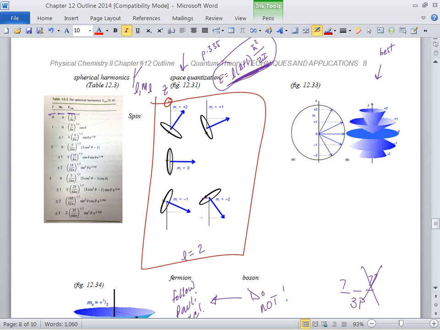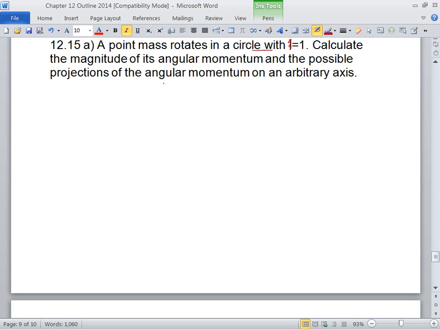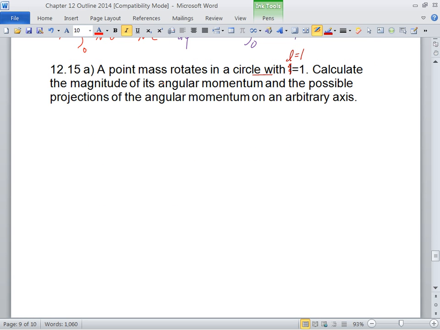That's our projection onto an arbitrary axis. So when they're talking about the z component, you pick z as the arbitrary axis. Once you realize that, this problem isn't so bad, right?